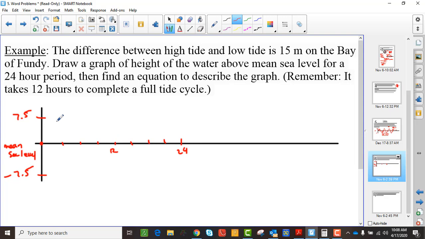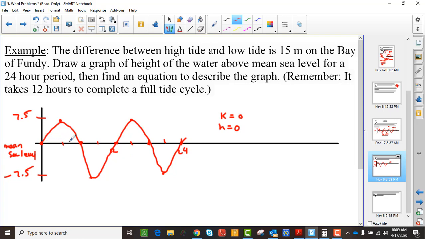So all you're doing, starting in the middle, I guess I am going through this at this point, but going to the highest point, middle, lowest point, back to the middle, highest point, middle, low point, and then back to the middle. You draw your graph, and if you start in the middle, it's really easy, because k is 0 because your middle is 0, and h is 0 because you're starting in the middle.